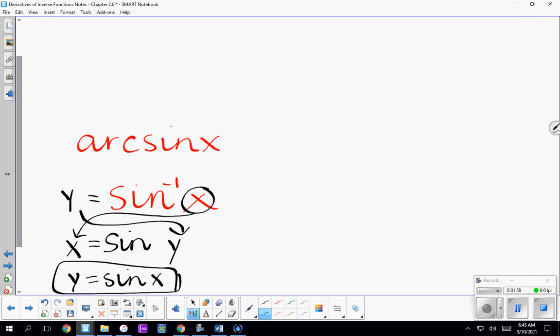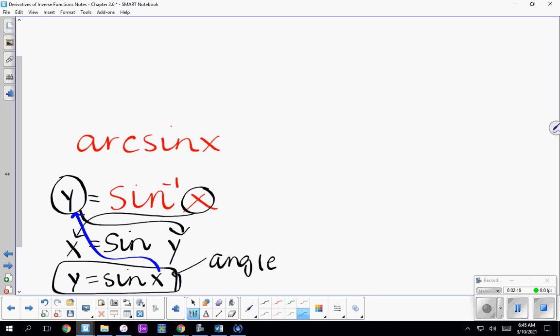And so basically, since our domains and our ranges are switched, normally this is our angle. And it's asking what is opposite over hypotenuse of that angle? What is that trig function? In the inverse sine, my angle is now over here, because remember those domains are now my ranges.